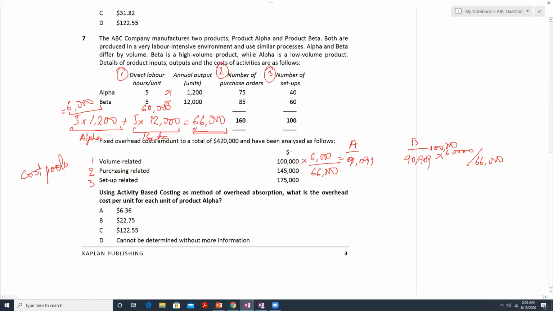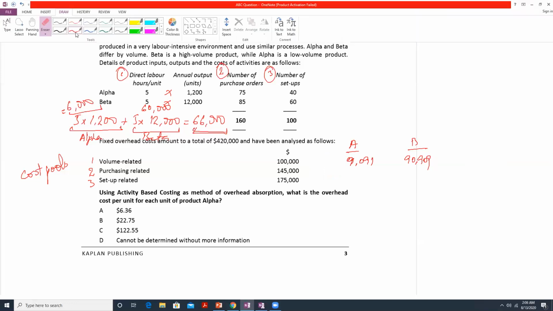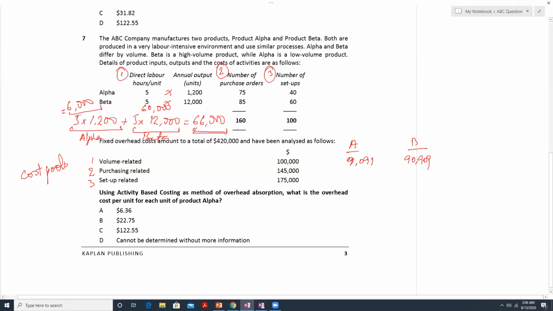Now, moving forward, in the very same way, we need to allocate the purchasing related overheads to alpha and beta.